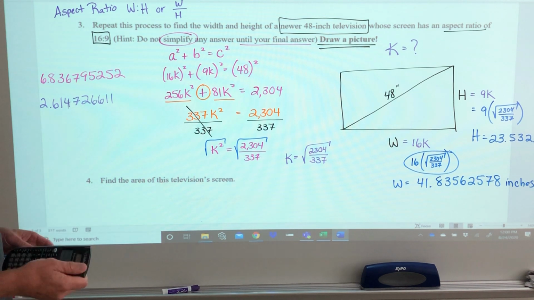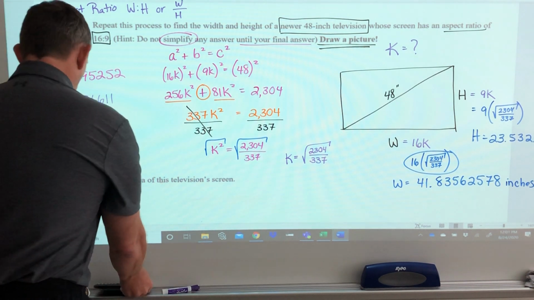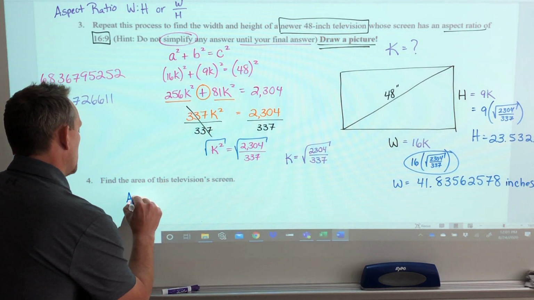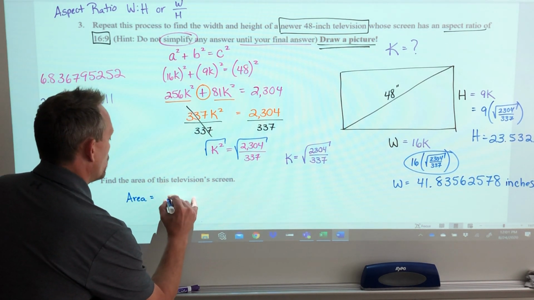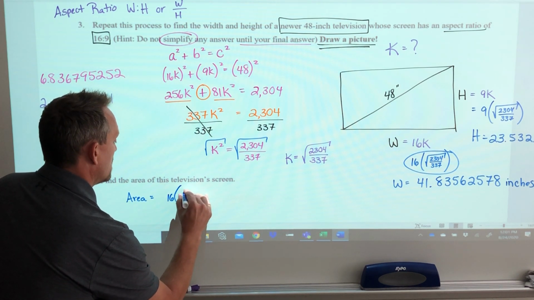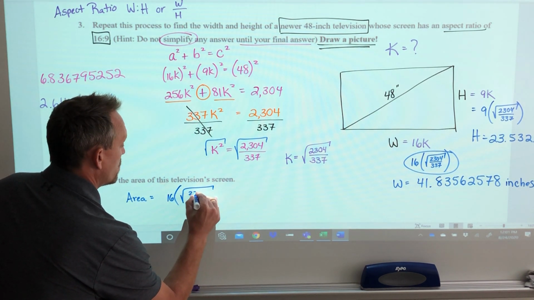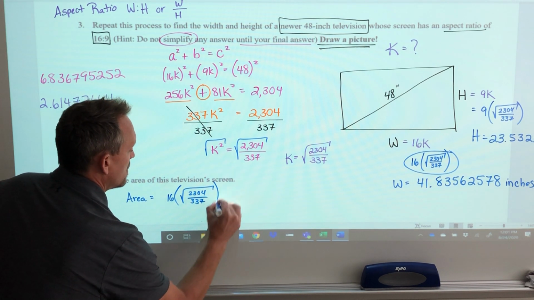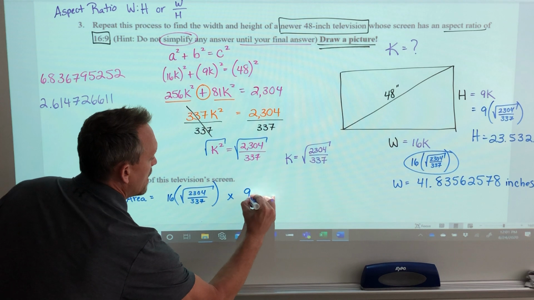So when I want to find my area of my screen, I could simply say, well, my area equals 16 times the square root of 2304 over 337 times 9 times the square root.